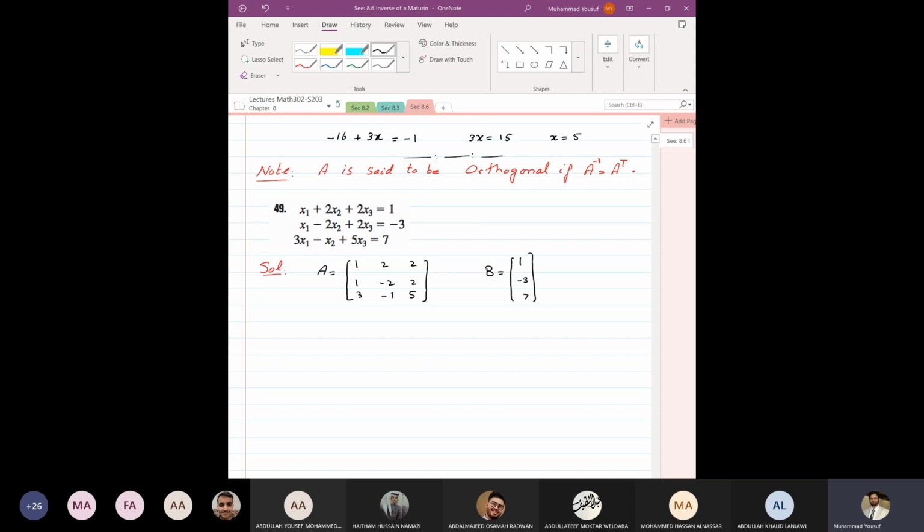Now we apply row operations on matrix A to get its inverse. For that, we need to write this augmented matrix: 1, 2, 2, 1, 0, 0; 1, -2, 2, 0, 1, 0; 3, -1, 5, 0, 0, 1.